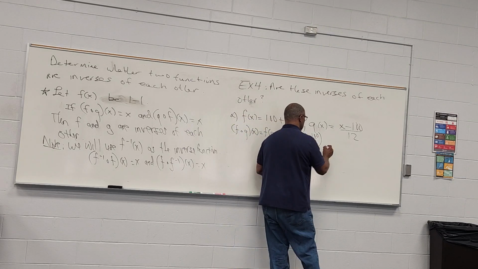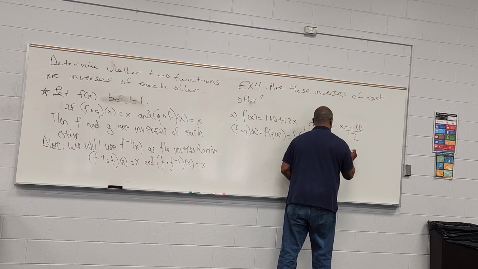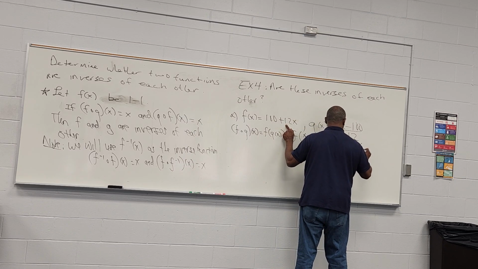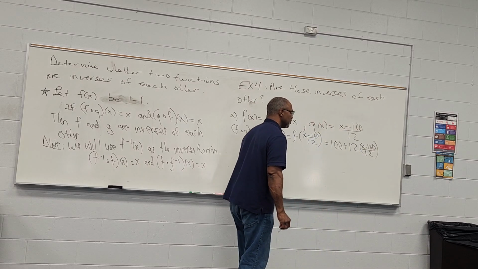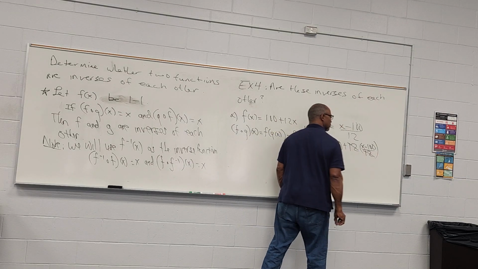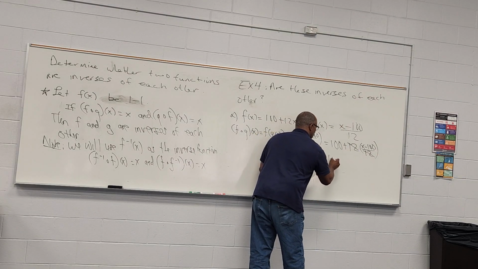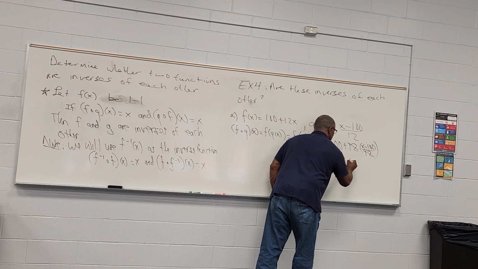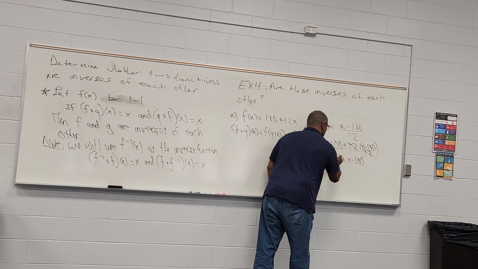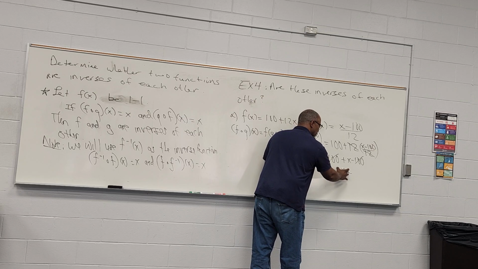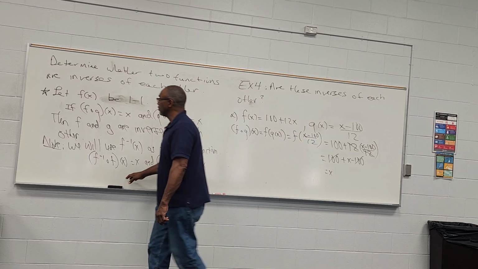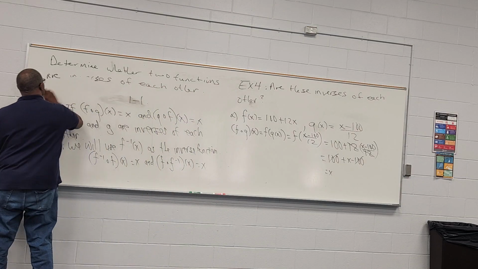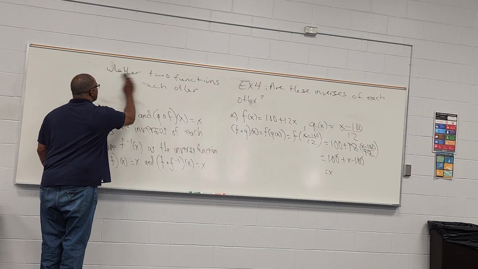So 100 plus 12 times x, but x is x minus 100 over 12. Well, these 12s cancel. So I get 100 plus x minus 100. These two things, 100 minus 100, cancel. And so I get x. So far I got half of it done. F composed with g of x is x.